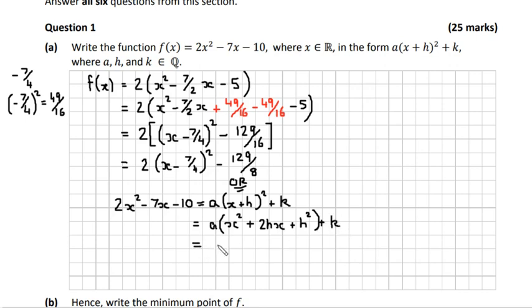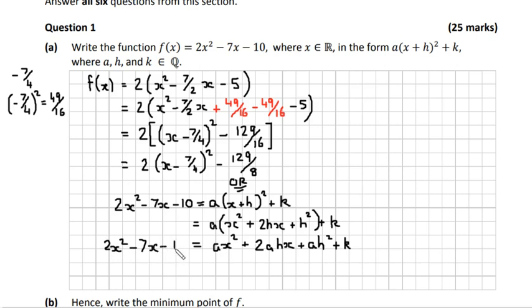So then, continuing to multiply this out, I'm going to have ax squared plus 2ahx plus ah squared plus k. So it's still all equal to this over here again, so 2x squared minus 7x minus 10.